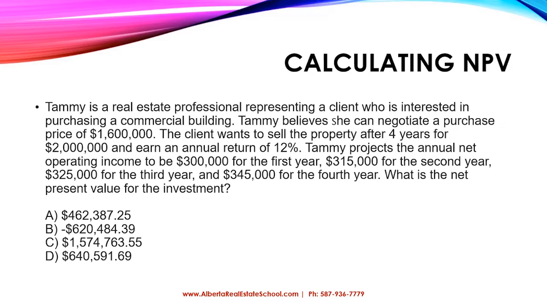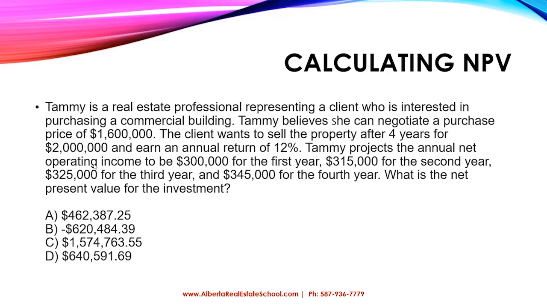So let's say Tammy is a real estate professional who's representing a client interested in purchasing a commercial building. Tammy believes that she can negotiate a price of $1.6 million, and the client wants to sell the property after 4 years for $2 million and wants to earn an annual return of 12%.